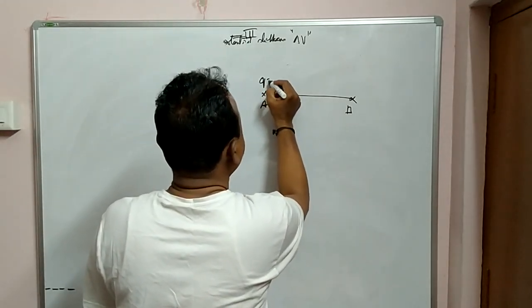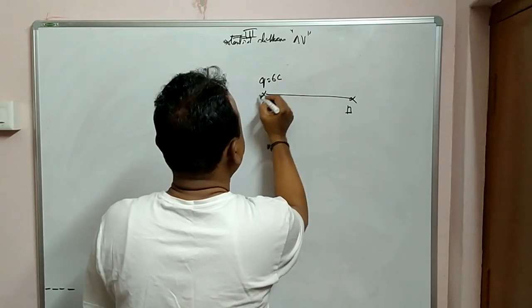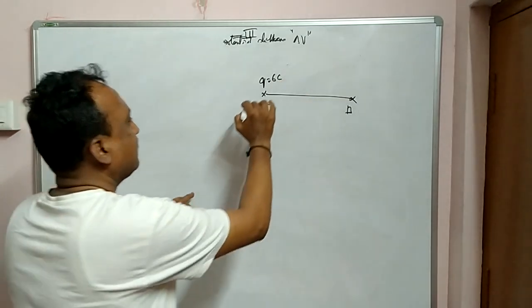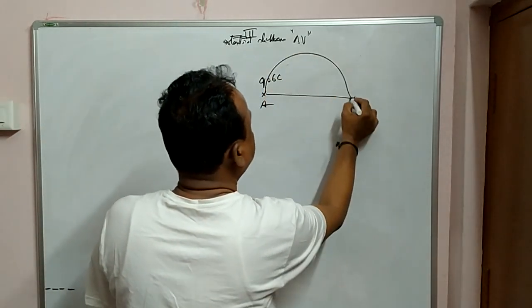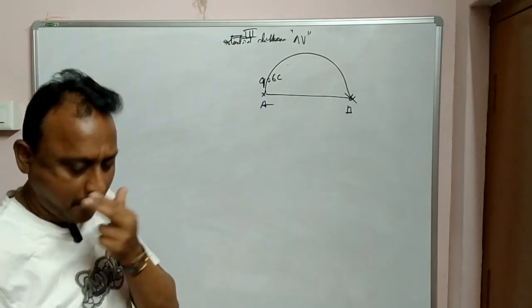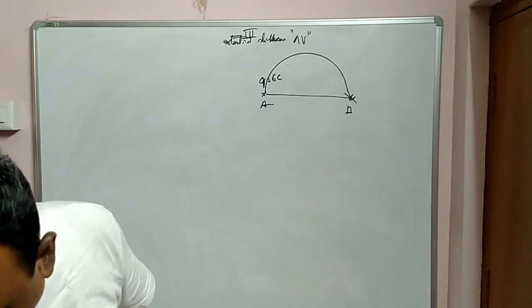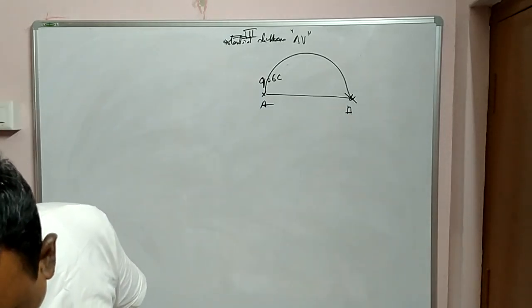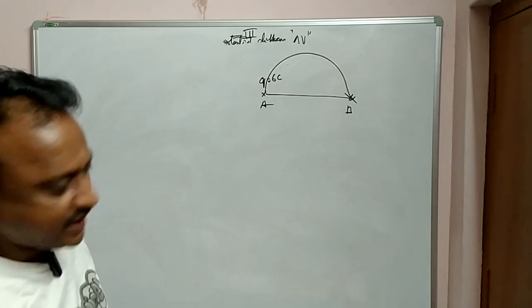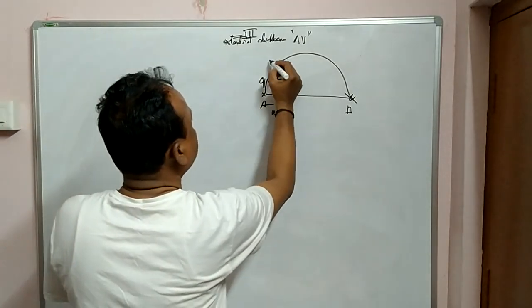So charge is given as 6 coulombs from A. Now from A to B, it is moved. To move that one, how much work is done?